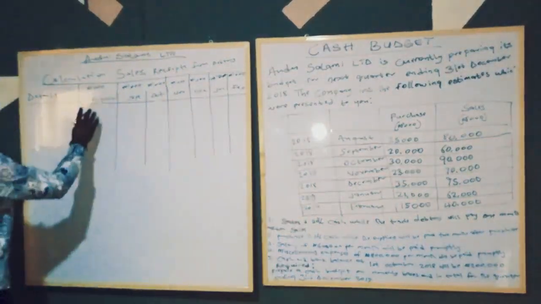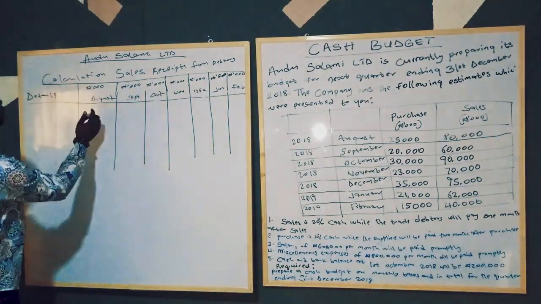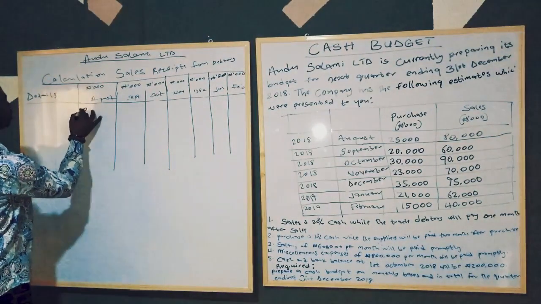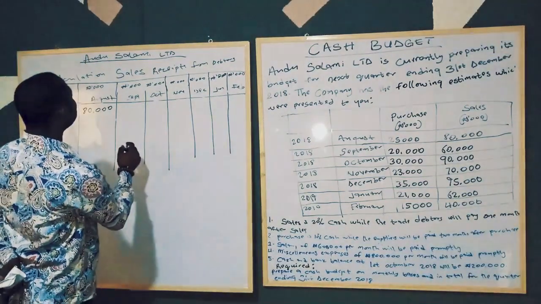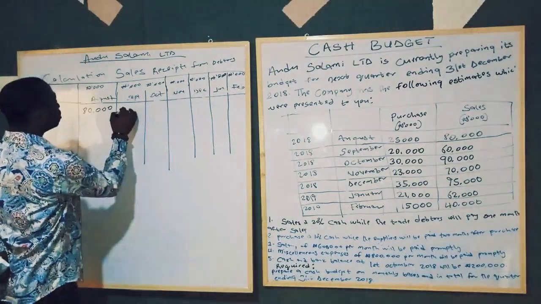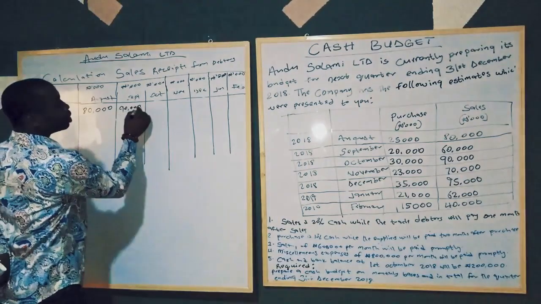For August it is 80,000. For September is 90,000.